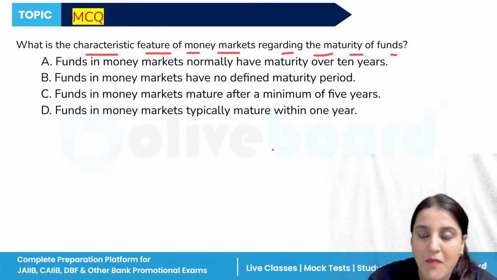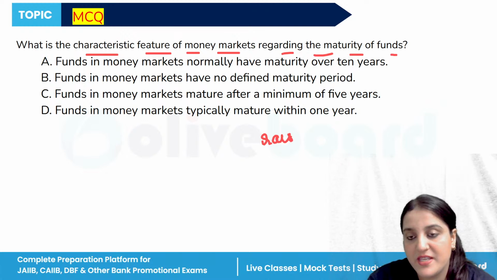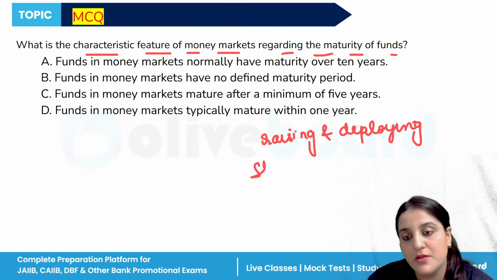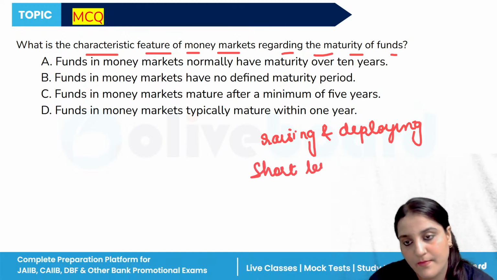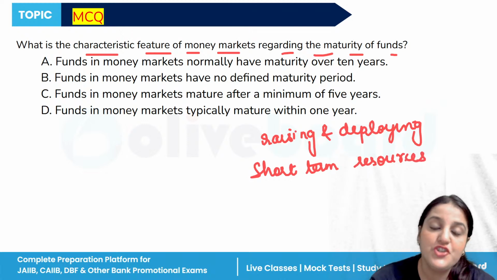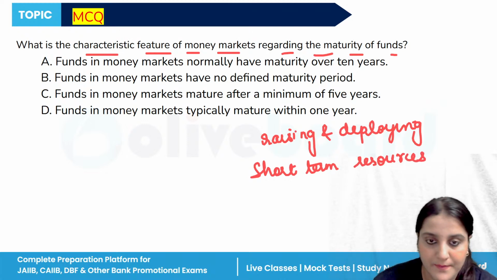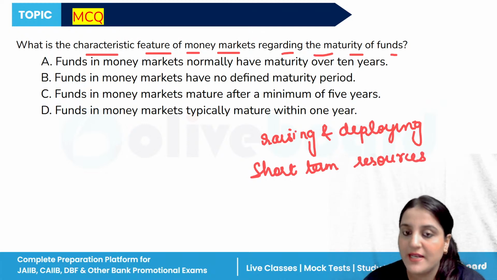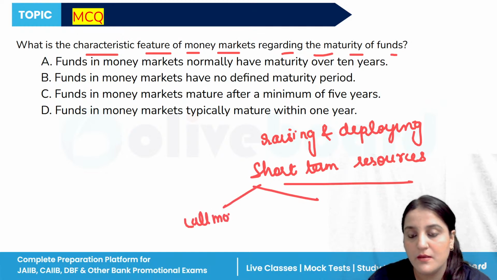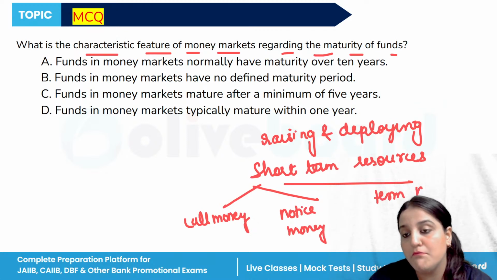See, the money market refers to raising and deploying short term resources with the maturity of funds generally not exceeding 1 year. The interbank market is subdivided into call money, notice money, and term money market.